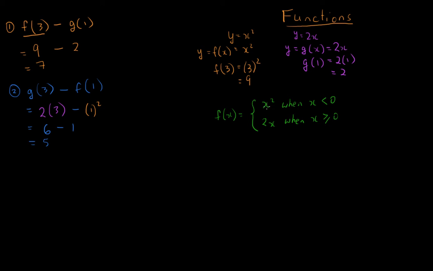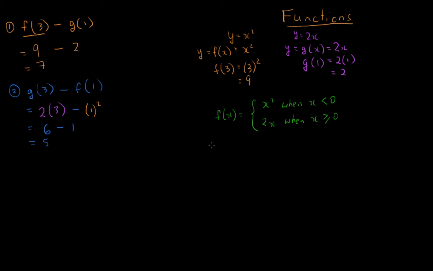So here this function has two rules. Now these functions have one rule, y is equal to x squared or y is equal to 2x, but this function has two rules. It's a combination of both of them. So it is x squared when the x value is negative, when it is less than 0, and it is 2x when the x value is positive or equal to 0.